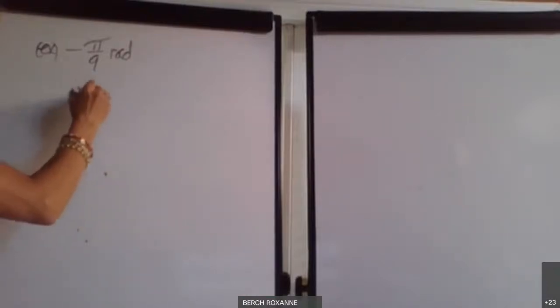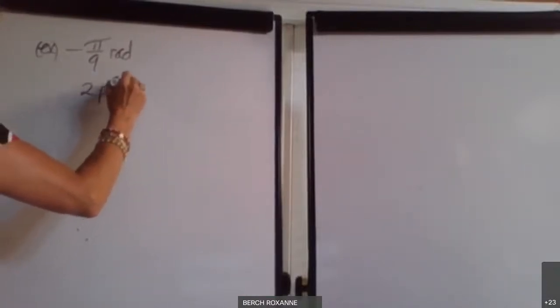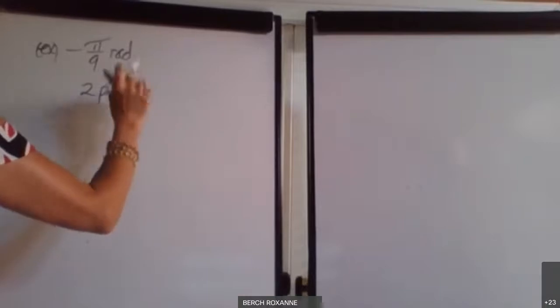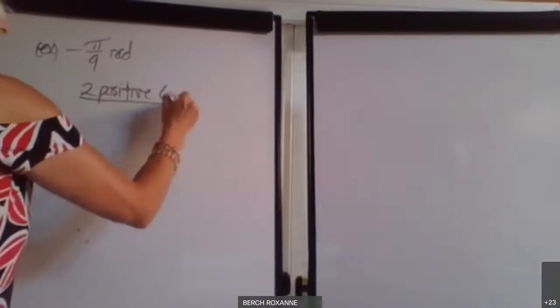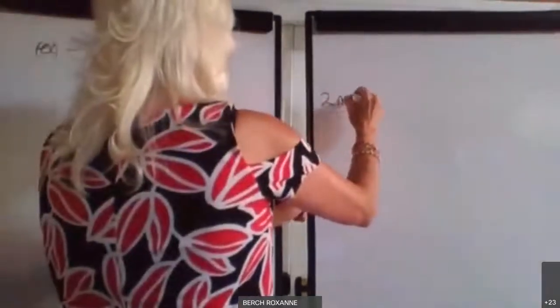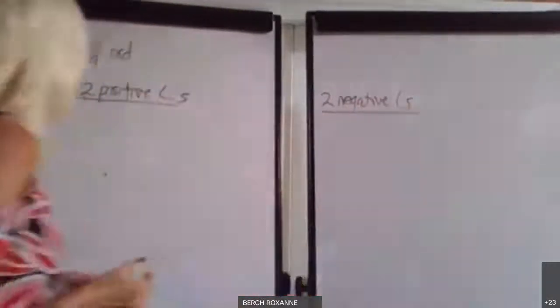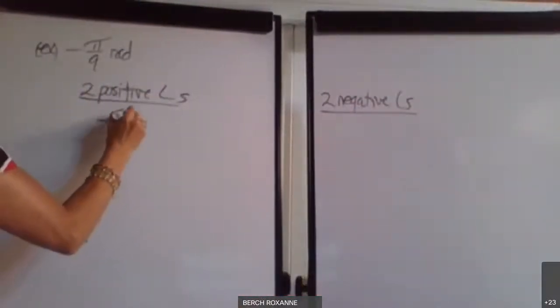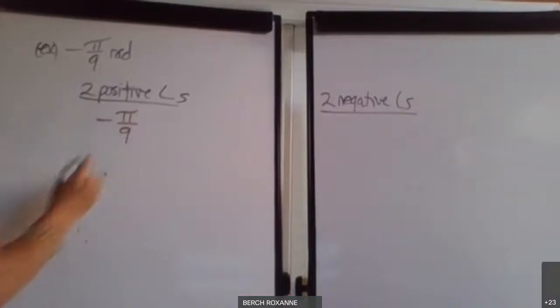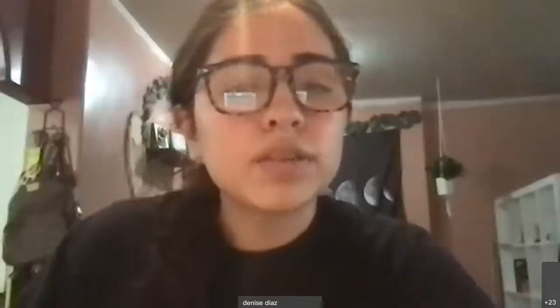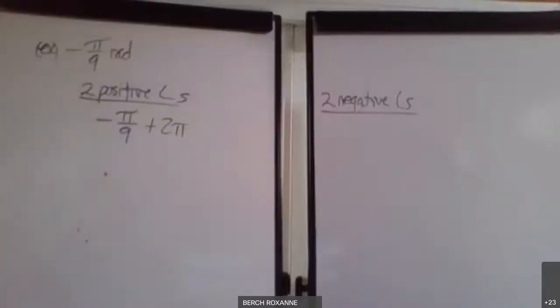We want to find two positive coterminal angles that are nearest that and two negative coterminal angles that are nearest that. So what would you do? For the positive one, could you add 2 pi? Now, when you add 2 pi, you're going to need a common denominator, right?